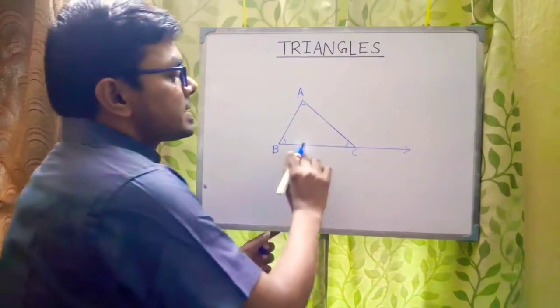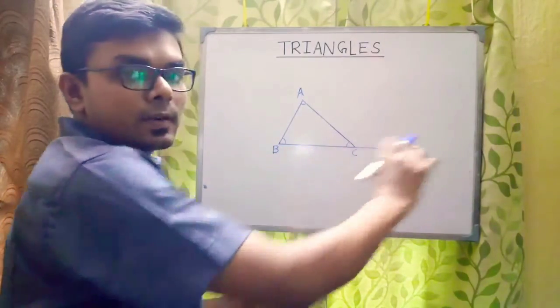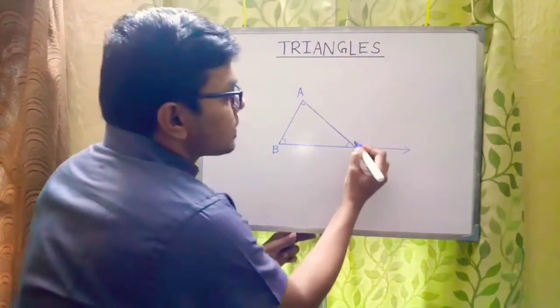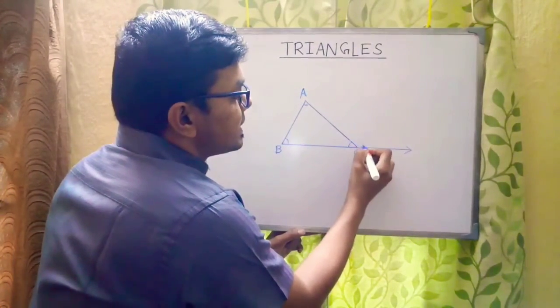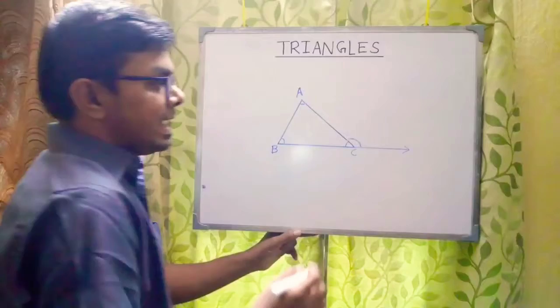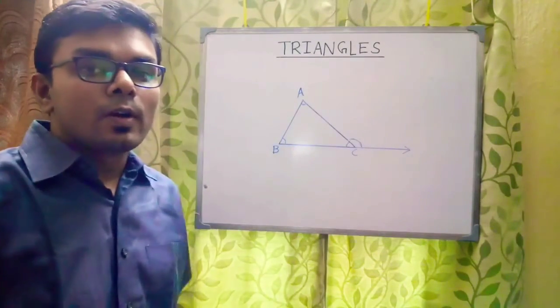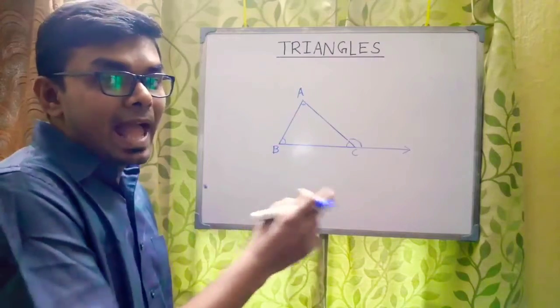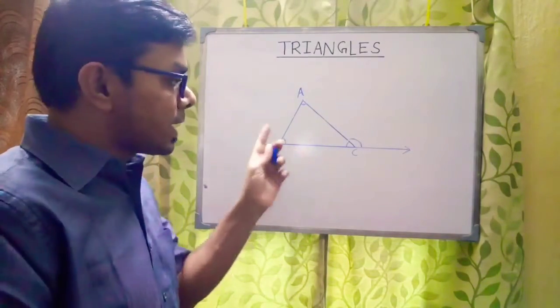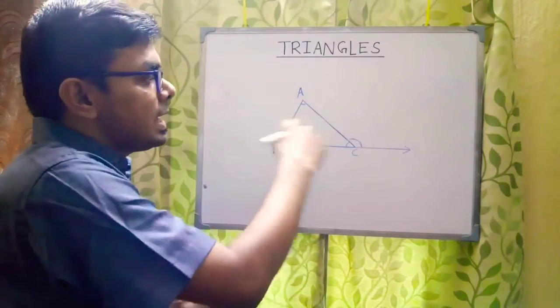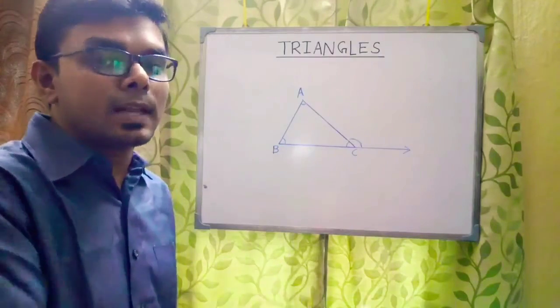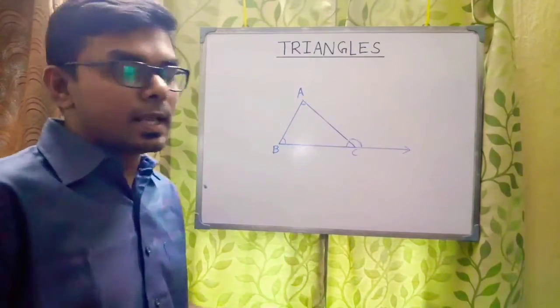Now when I extend this side BC of this triangle, what we get here is called the exterior angle of this triangle ABC. Or should I say this is called an exterior angle of the triangle ABC, because the triangle ABC can have many exterior angles. So this is one exterior angle.